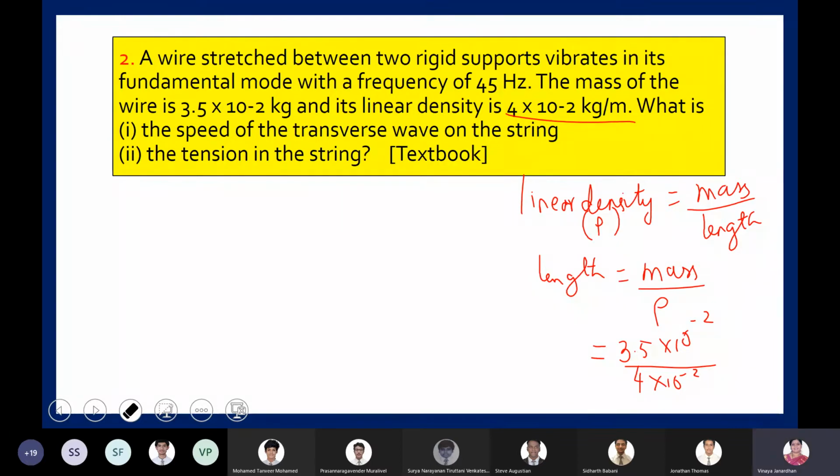Then what will be your mass per unit length? Ma'am, mass per unit length, isn't that the linear density? Linear density is the density per centimeter of the wire or per meter of the wire.